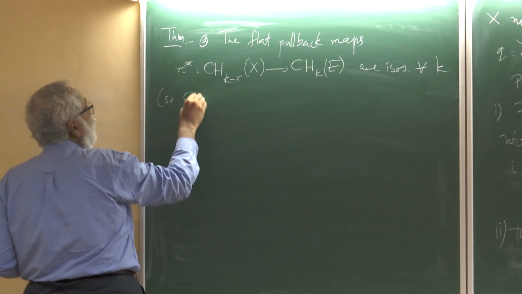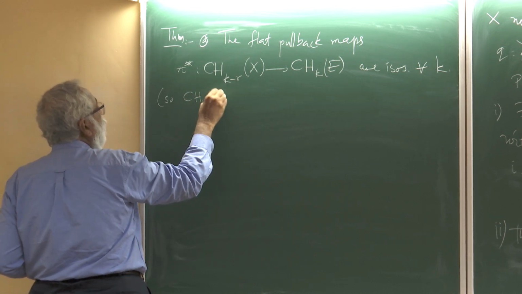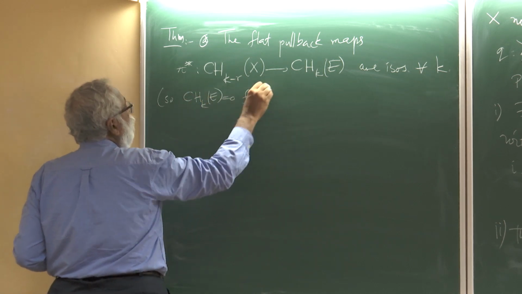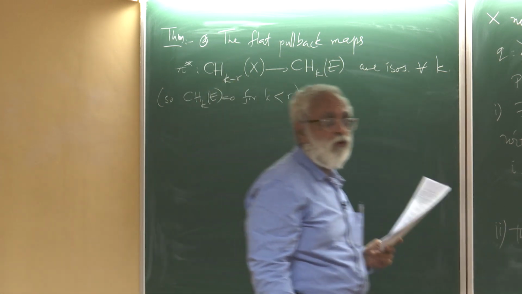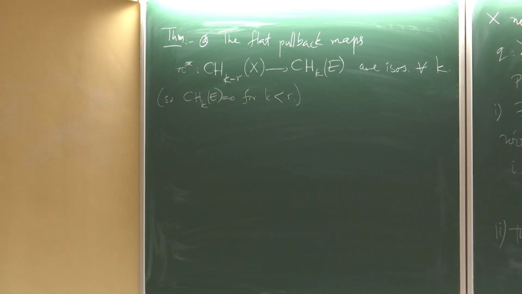So in particular, I get that Chow k E equals 0 for k less than R. This is the sort of homotopy invariance property. This must have been proved in the earlier lectures for sure.